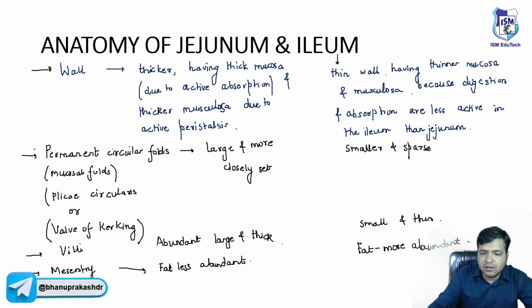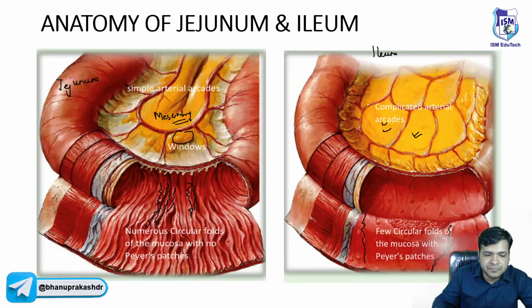Coming on to the next part. Over here you can see that windows are present in some parts, but over here, due to deposition of fat, there are no windows.